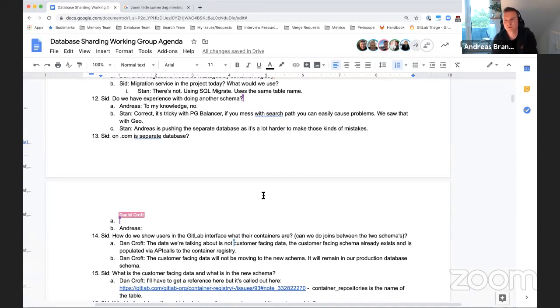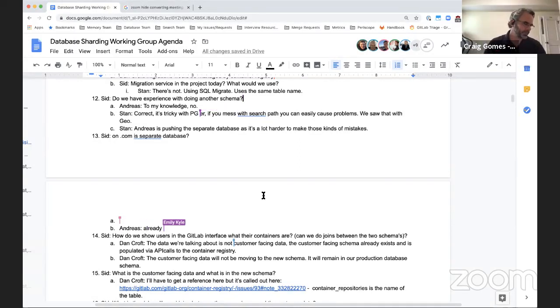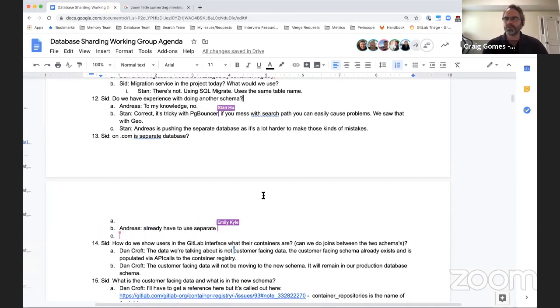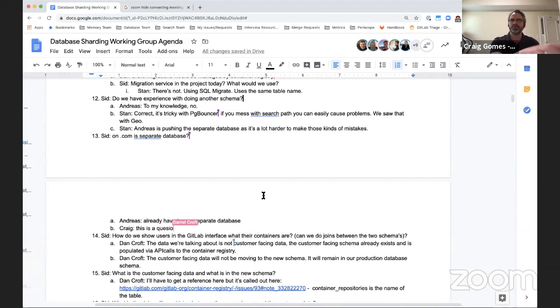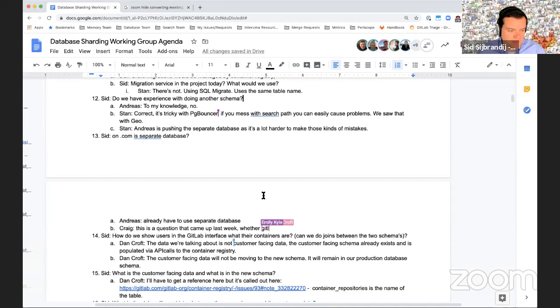That already means we have to use a separate database as well. And Sid, that was a question that came up late last week: would it make sense to separate those concerns so self-managed gets the default two schemas on one database, and .com goes separate. Like Dan said, it's an implementation detail at that point in time. It's pretty easy to separate the two out. Yep. I will find the comment in the issues, but yes, it's being discussed.